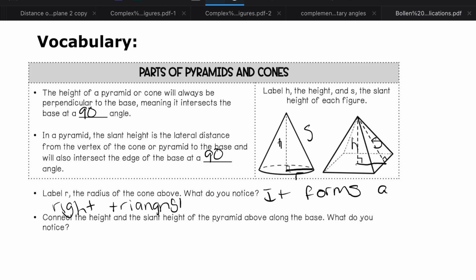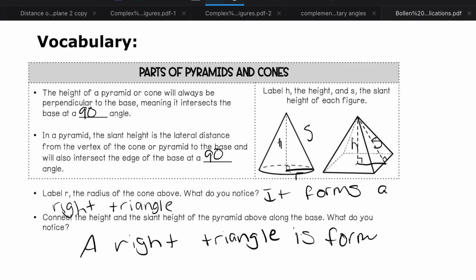A right triangle is formed. So we know because these form a right triangle, we can use our Pythagorean theorem to solve the different pieces of it.